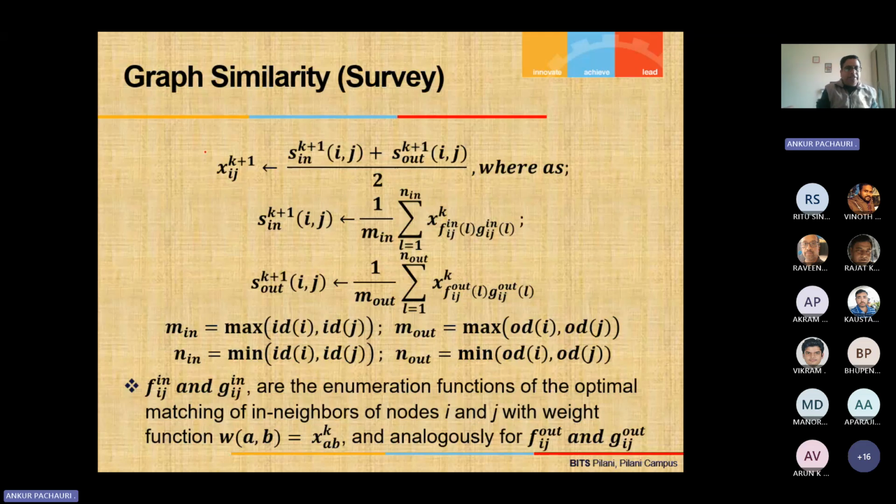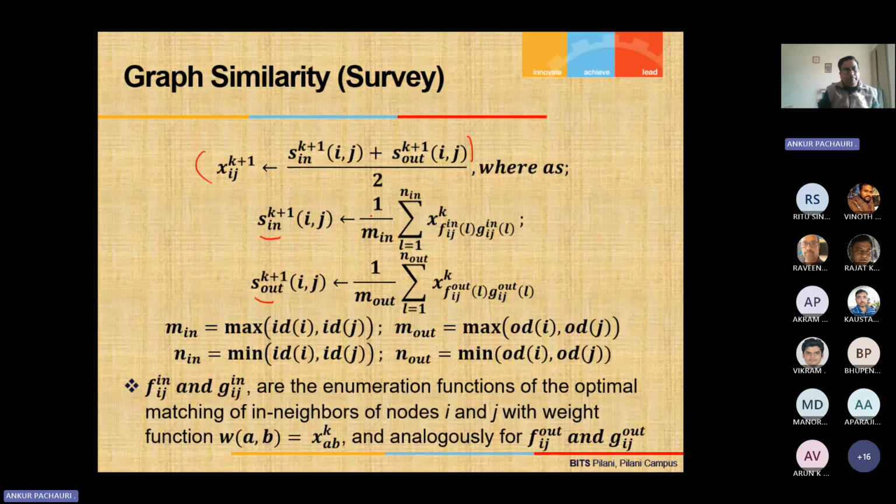I'll start from the top. He computed the incoming similarity and outgoing similarity. This superscript is not a power, it is the iteration.